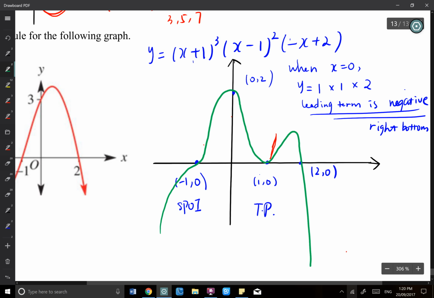Okay, that's the shape. This point should be a stationary point of inflection.